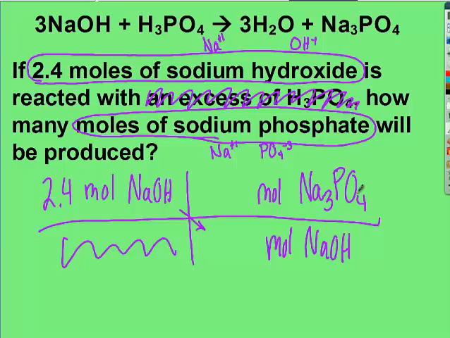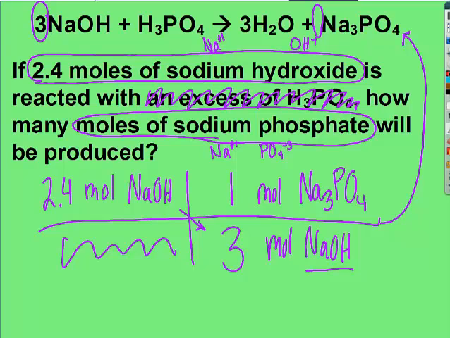Now here I have a mole to mole. See that? I have mole at the bottom, mole at the top. Where am I going to get those numbers from? The balanced equation up here. What number is in front of NaOH? Let's find it. Here it is. 3. Let's put a 3 there. What number is in front of Na3PO4? There is no number, so it has to be a 1. What unit cancels out?